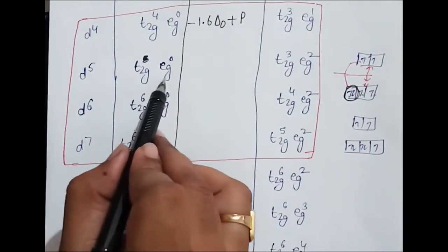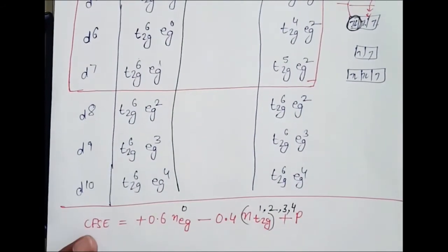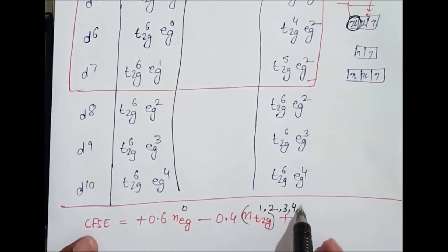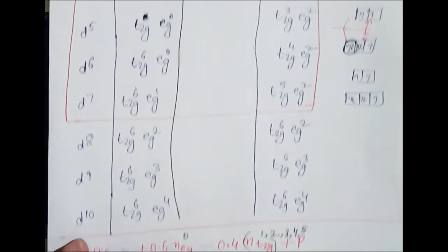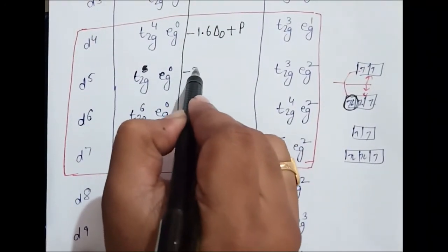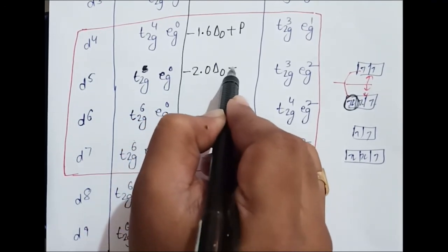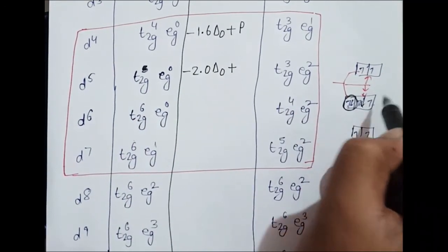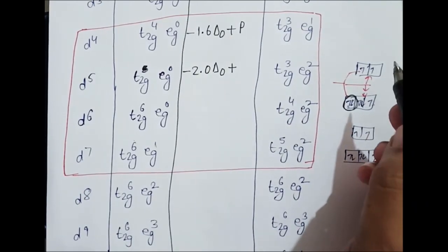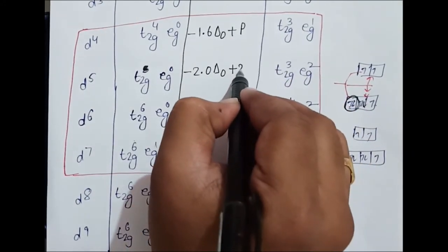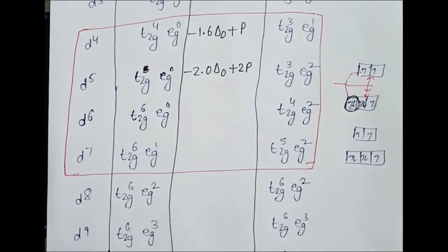Now T2G5 Eg0, what can I write? In the place of T2G I have to put 5. So 5 into minus 0.4 is minus 2.0 del O, plus this time 2 electrons are paired, so that's why I have to put 2P.